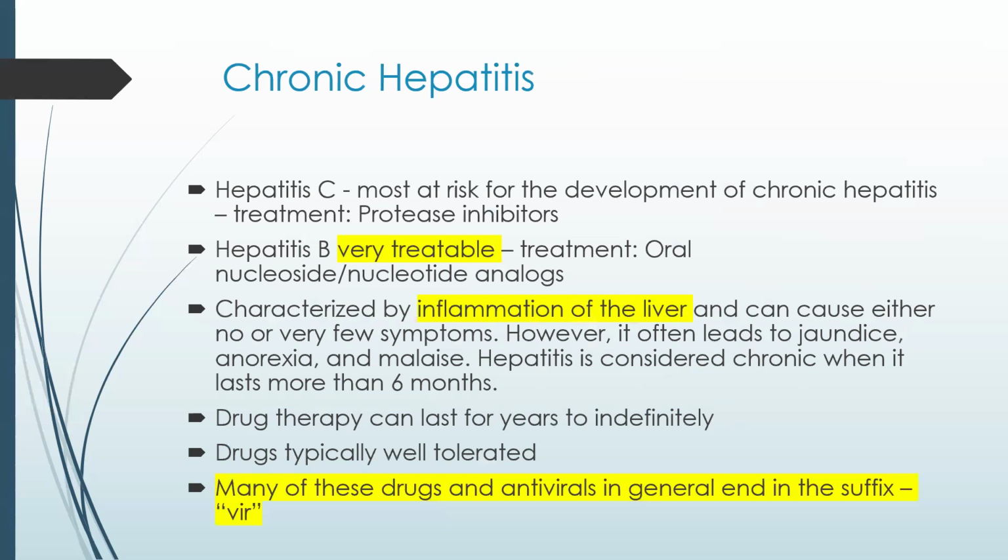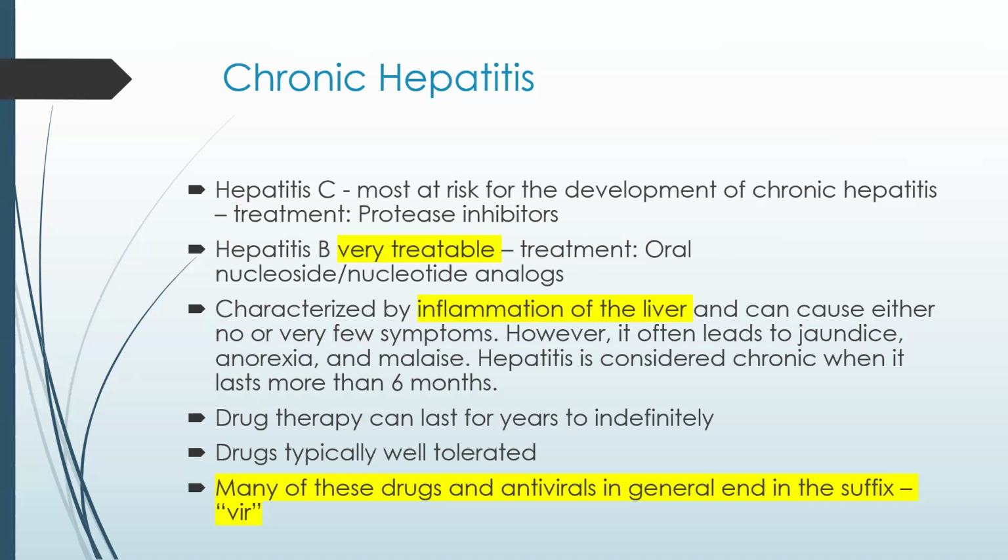Okay, we're going to jump over to chronic hepatitis. Hepatitis C is most at risk for the development of chronic hepatitis, and the treatment is protease inhibitors. Hepatitis B is very treatable. Usually there's a nucleoside or nucleotide analog, some kind of medication. In general, hepatitis is characterized by inflammation of the liver.